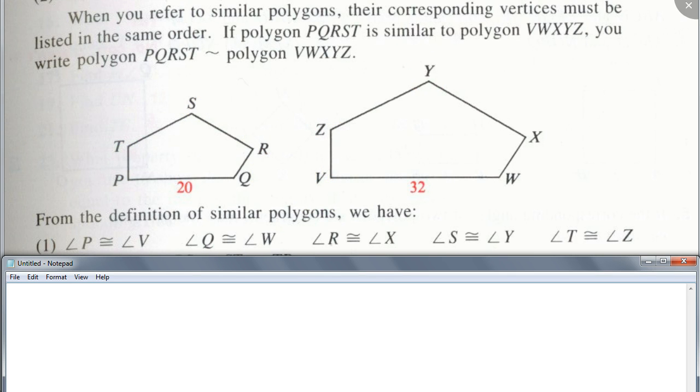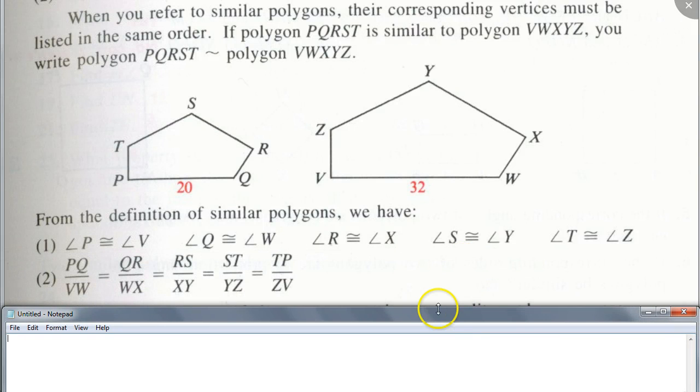By the way, what is the ratio of these corresponding sides? 8-to-5, isn't it? It's 20-to-32, which is 8-to-5. So now, do you see how these corresponding sides are going to be in proportion like this? And the ratios for all these corresponding sides will be the same.